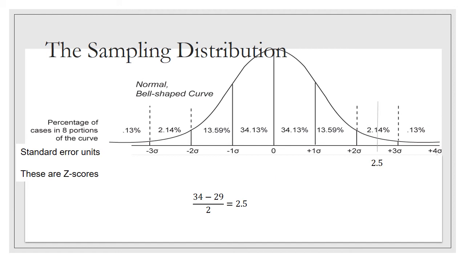Instead of redrawing the distribution every time with a different mean and standard deviation, we do these calculations, come up with these z-scores, and put them on the same distribution. You can see where I've slid over the 2.5 and placed it between the 2 and 3 standard error units. Those scores, 0, 1, 2, 3, 4 on the x-axis, are our z-score units. So we calculated something in that region beyond that second z-score.